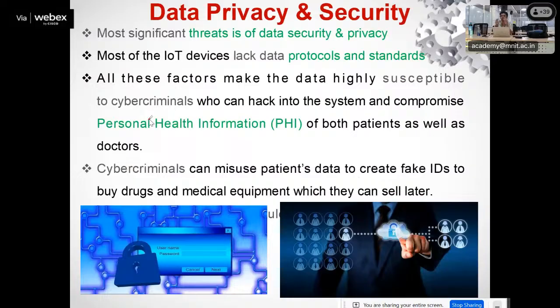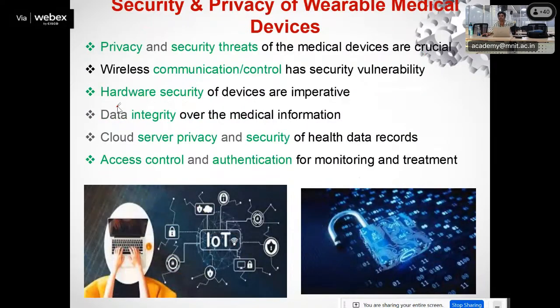When we talk about smart healthcare, where data and electronic health records are being stored in digital form, then definitely there is a threat of cyber crime. And maybe if data manipulation happens, then the decision made from that data could be wrong, and we are dealing with the lives of people. So data privacy and security is very important, and has to be addressed first.